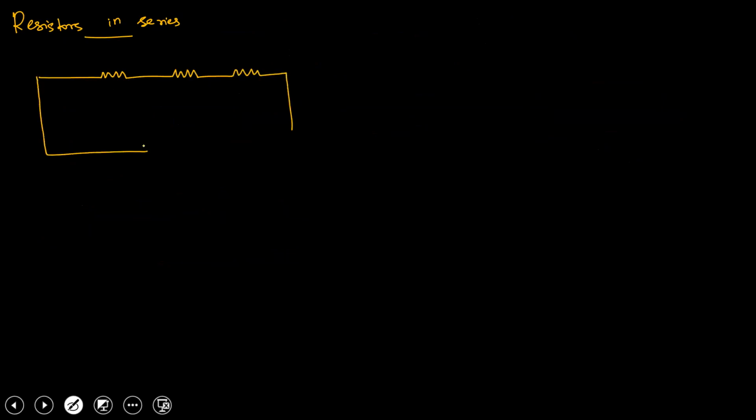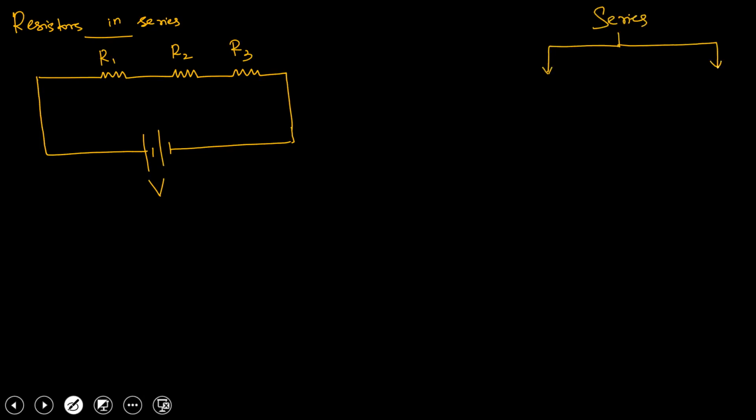If I take these three resistors, R1, R2, and R3, and connect them in series across a potential difference of V, the first thing you need to keep in mind whenever you see series connections is that the current across all resistors will be the same.